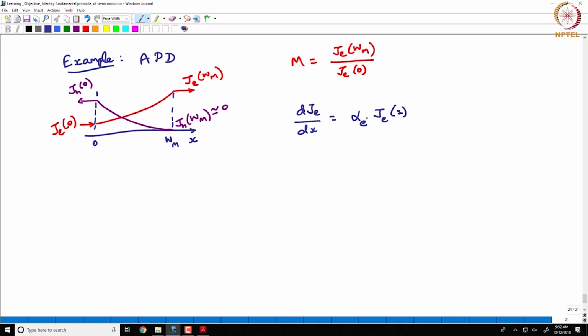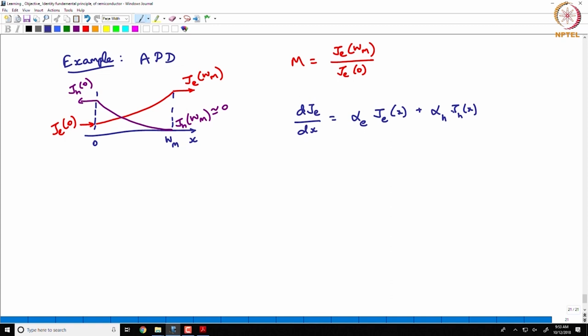So that is one contribution. Now the other contribution is you could have holes that are generated from the first impact ionization. They could also participate if they have sufficient velocity, in generating other electron hole pairs. So you have alpha H and JH of x. Right? That's in a general case.